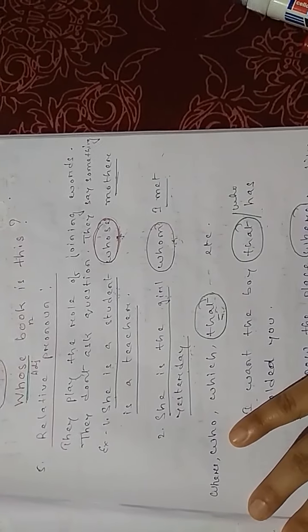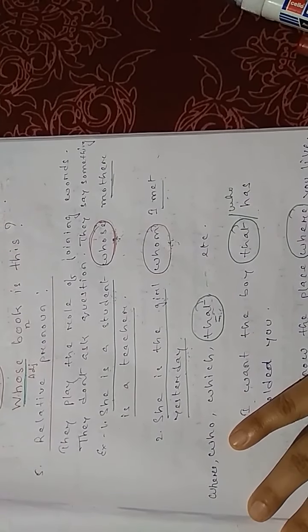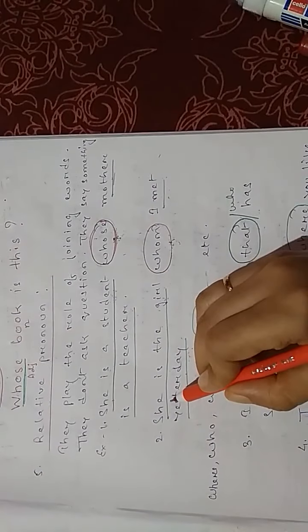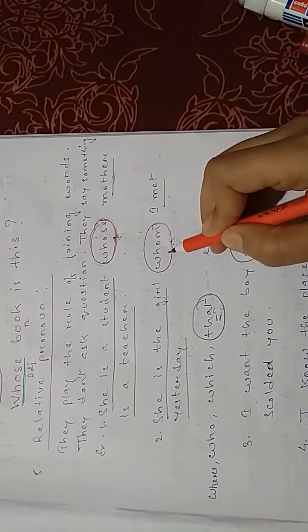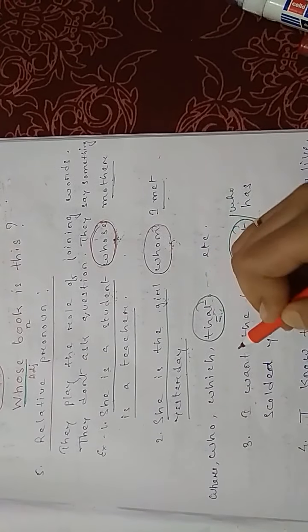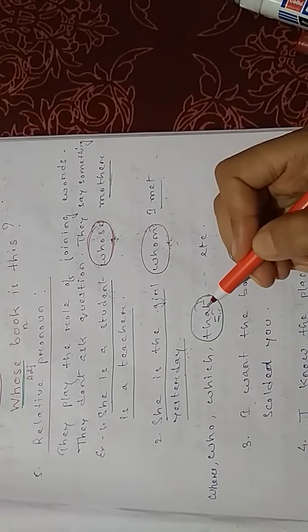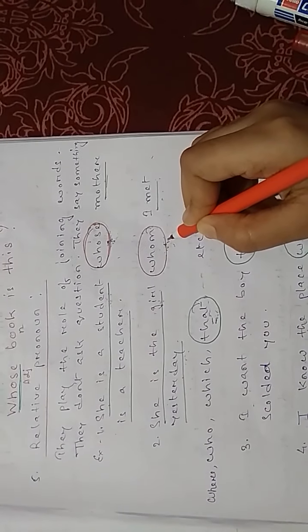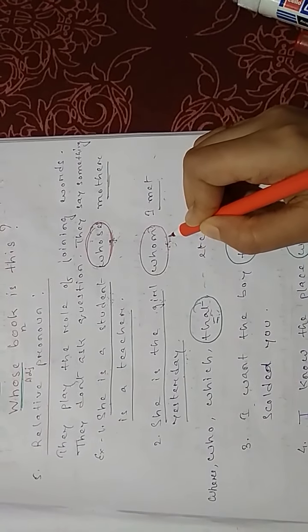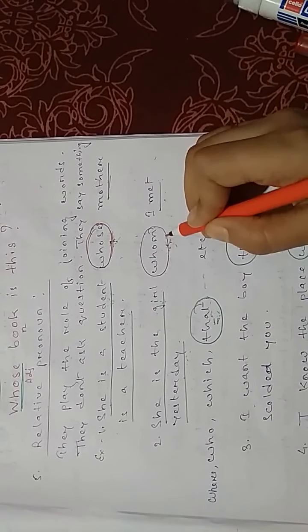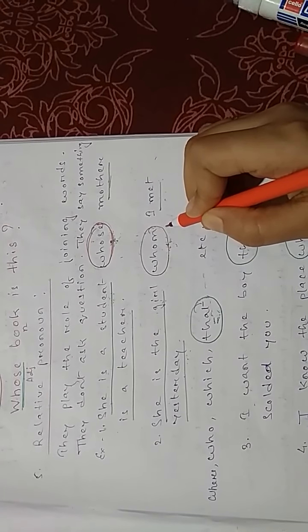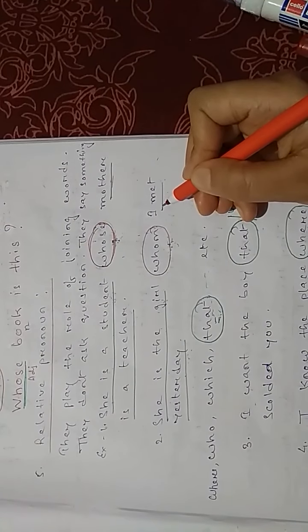Okay? Let's look at the second example. She is the girl whom I met yesterday. Again, this question word whom is not asking any question here. Then what is it doing?